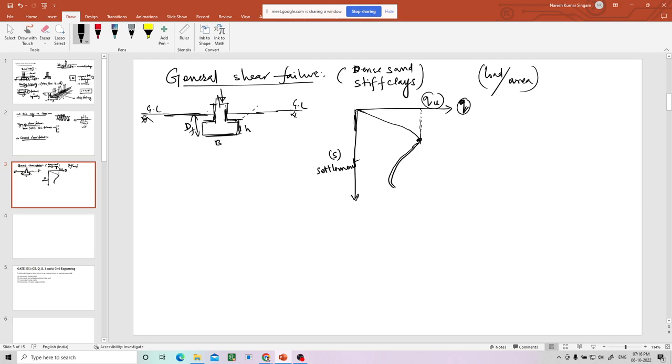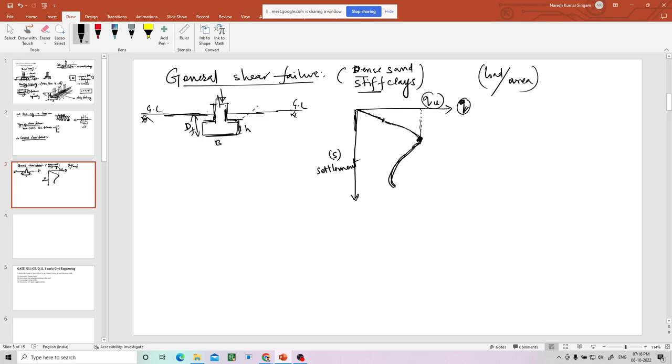Slowly, whenever you apply load, the load will increase, it can take further load, and settlement will also increase. Then at a certain point the settlement will increase suddenly without taking any further load. In that way shear failure happens in dense sand and stiff clays.